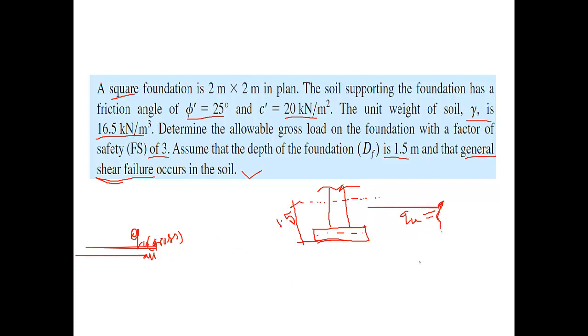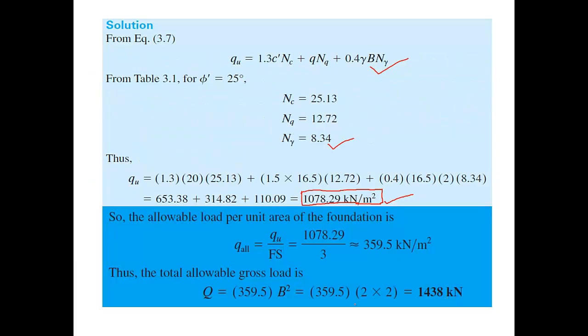Now if you simply consider your factor of safety here, you can get the value of QAL, the allowable. So with the factor of safety you can find out the QAL. If you simply divide this QU that you calculated by 3, you found the value is 1078.29.